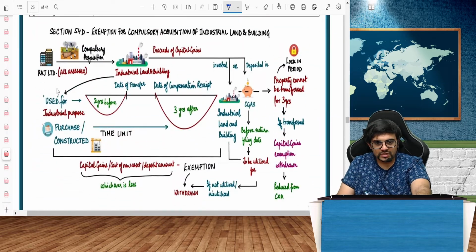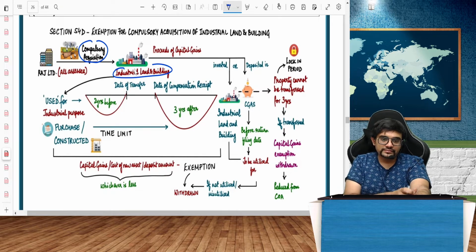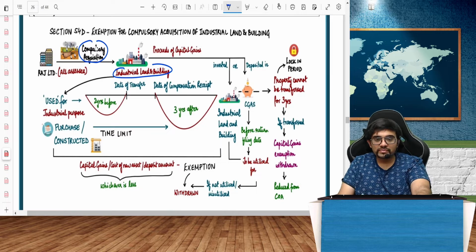54D. Raj Limited's industrial land and building is compulsorily acquired. It is for all assessees.